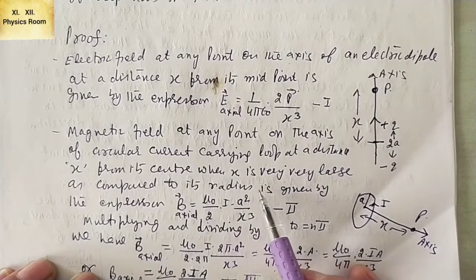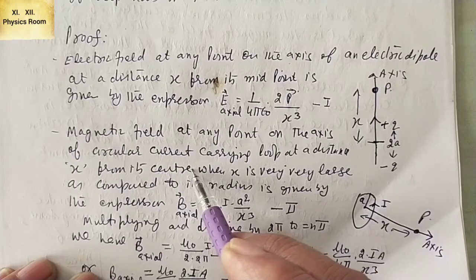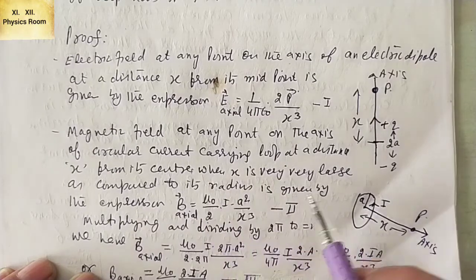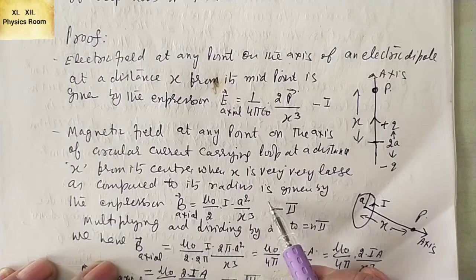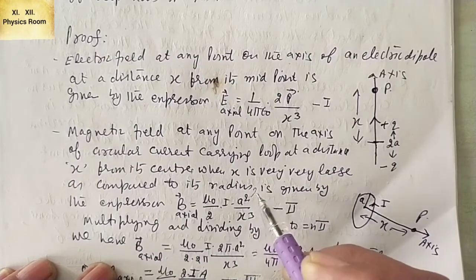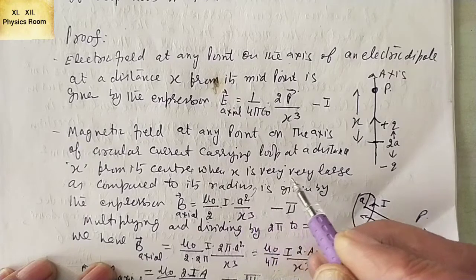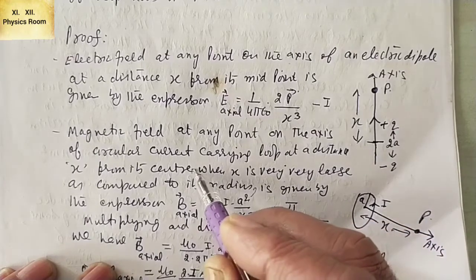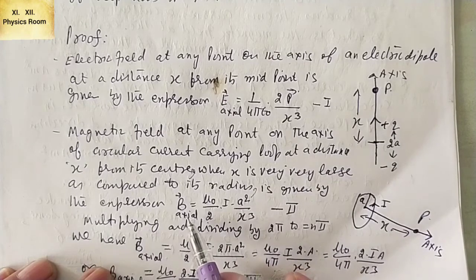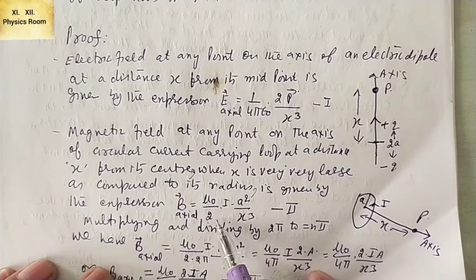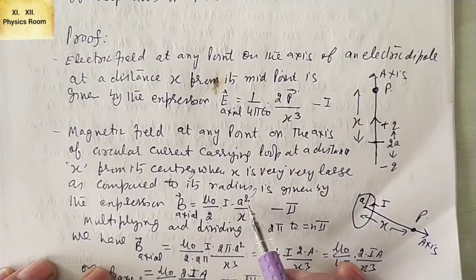When x is very, very large as compared to its radius, the field is given by the expression B equal to mu 0 by 2 into I A square by x cube.